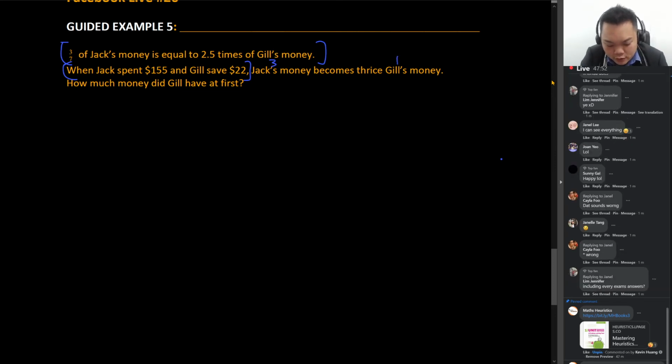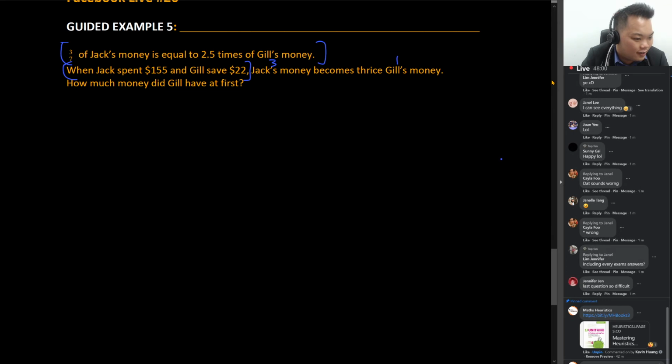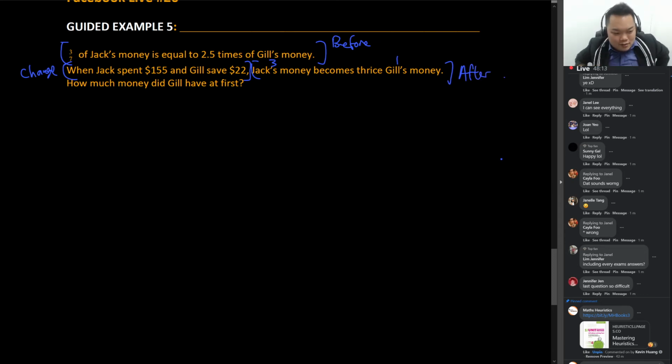How much money did Gil have at first? So over here you can see that this is your before, there is a change over here, and there is an after. So it looks very simple, right? Because right now you have fewer words than the previous questions. It looks simple, right?